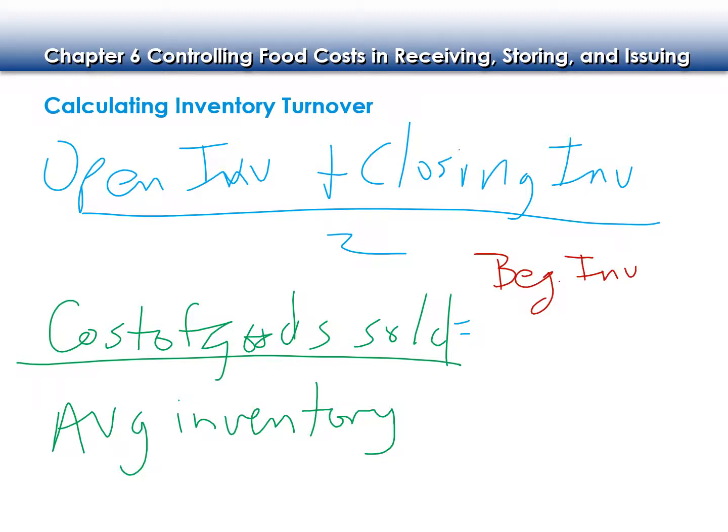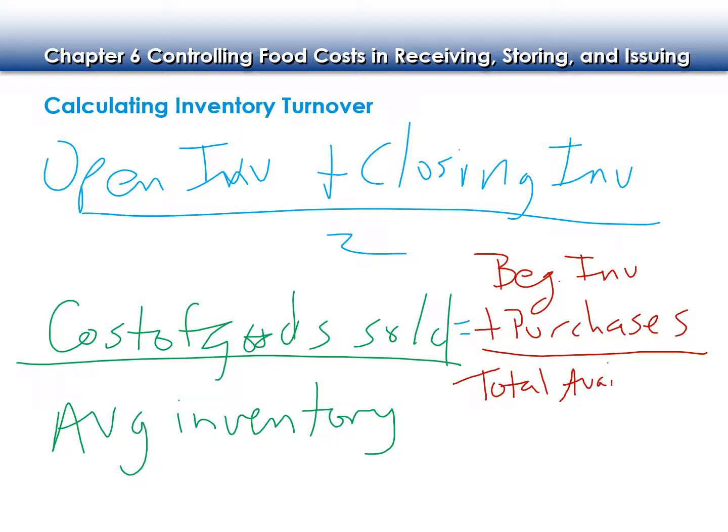What do we do with our purchases? Do we add or subtract them? We add them. We add all of our purchases for the period. And that gives us our total available inventory. That means during that period, we had this total dollar amount of inventory to use.